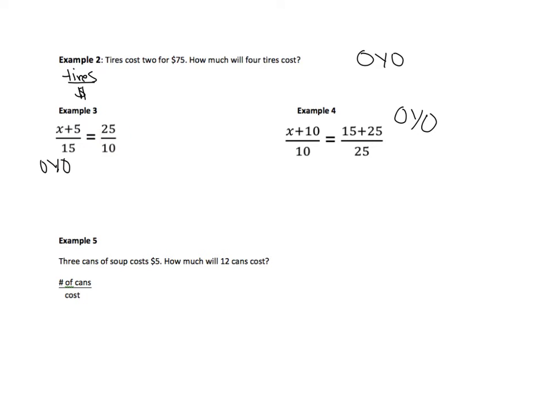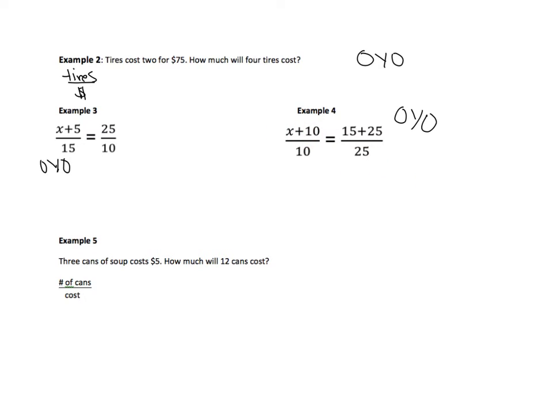The key here is making sure that you remember to distribute, which you'll have to distribute that 10 to the x plus 5. And over here in example 4, you may want to make sure, with order of operations, that you go ahead and combine like terms, 15 plus 25, before you cross multiply. And you can see that you'd have another distribution situation over there too.